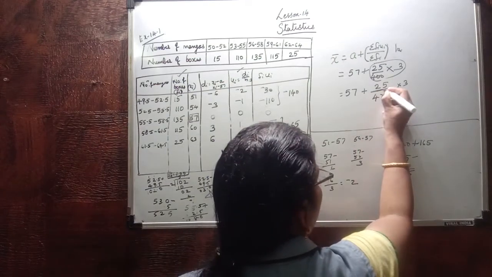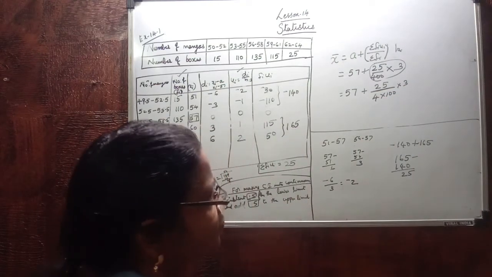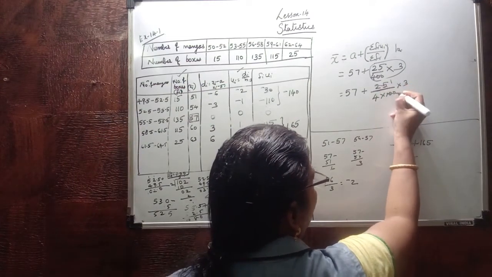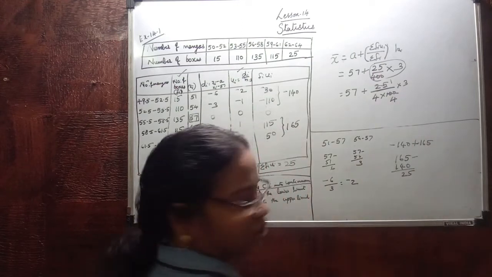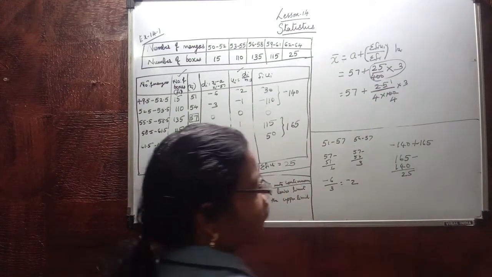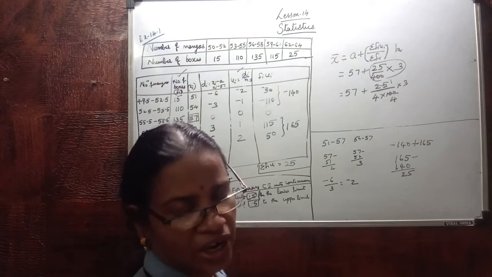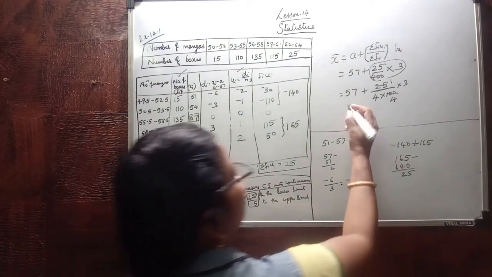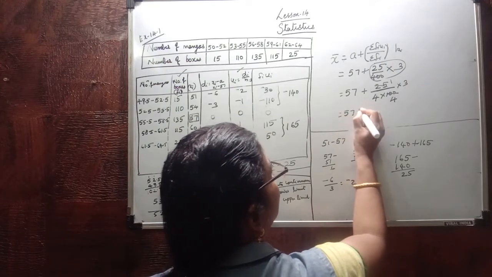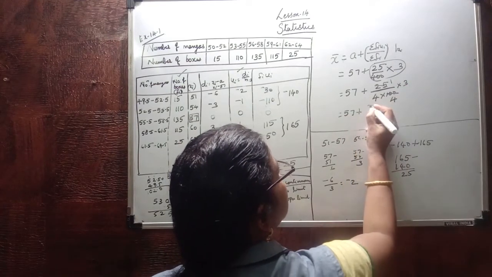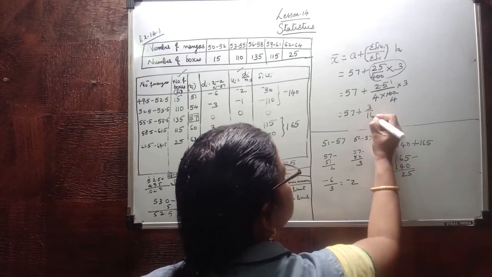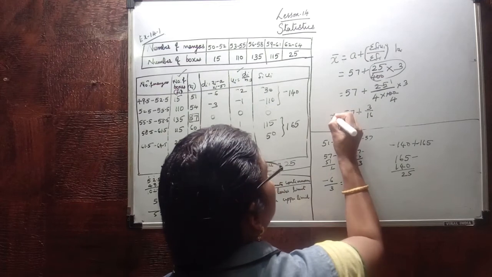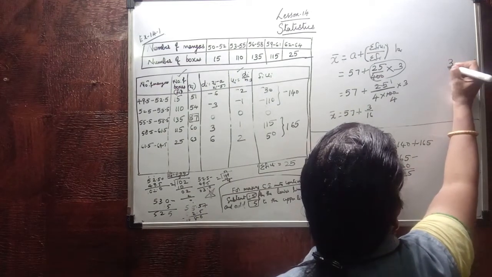This is for 25 by. Now look, 25 into 4 is 100. 25 into 1, 25. 25 into 4 is 100. Multiply and find out whether it is correct or not. Now the balance is 57 plus 1 into 3 is 3, 3 divided by 4. Okay. Now it will be x bar equals 57 plus 3 by 16. You have to find that out.